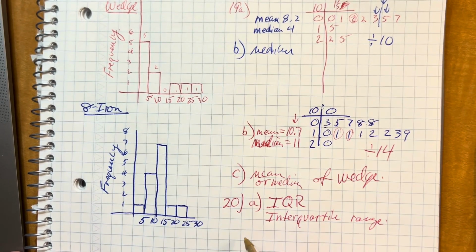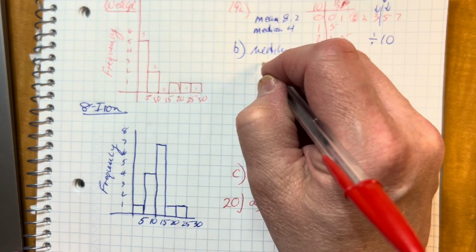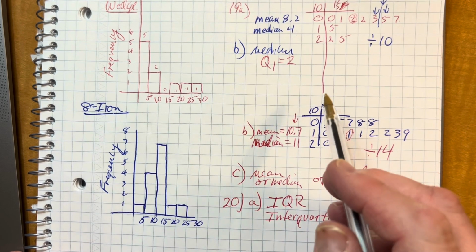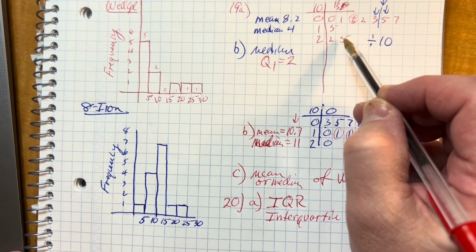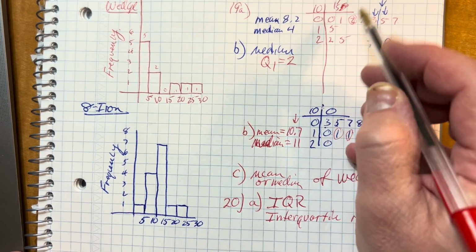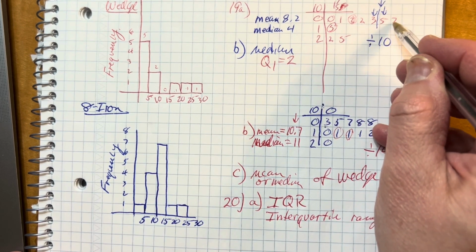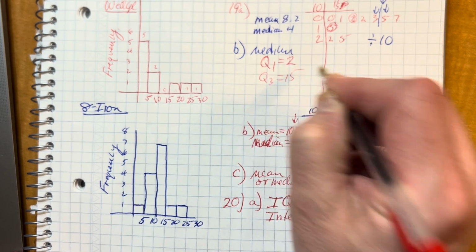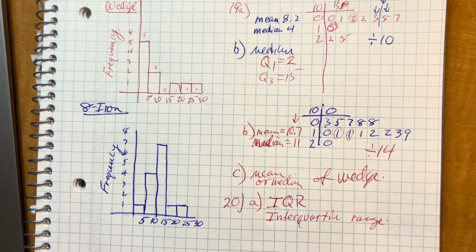So for number 20, Q1 is 2. For Q3 on this, again, it's the same idea. 1, 2, 3, 1, 2, 3. It's 15. Q3 is 15.